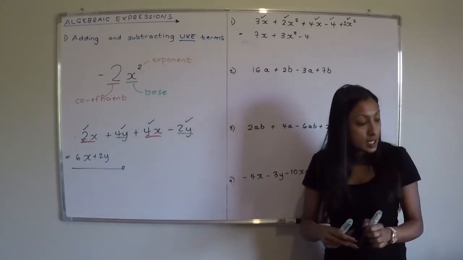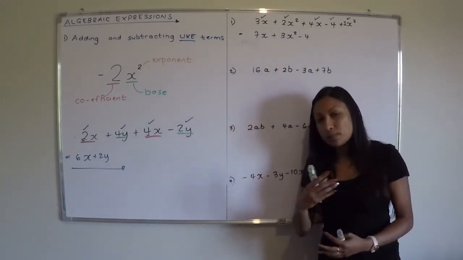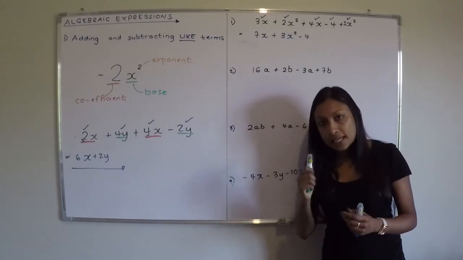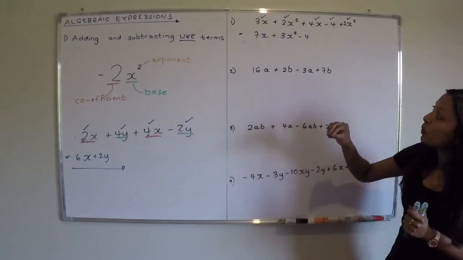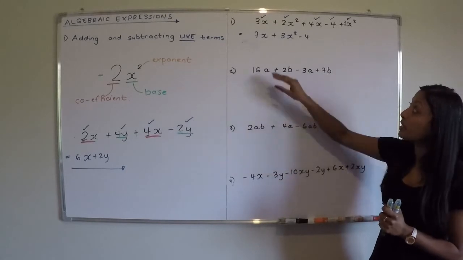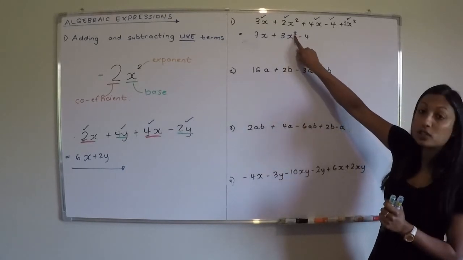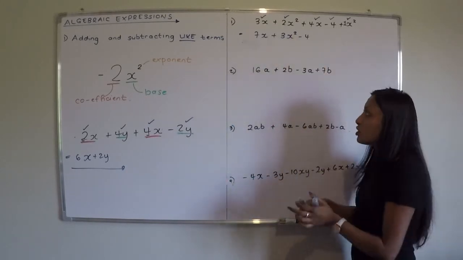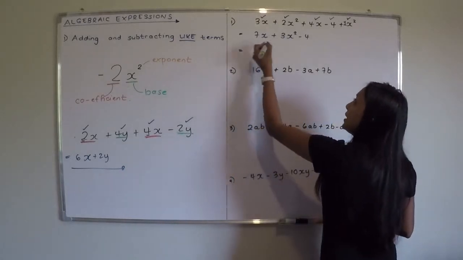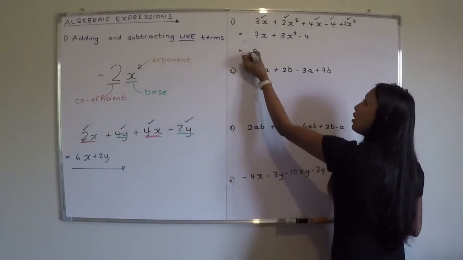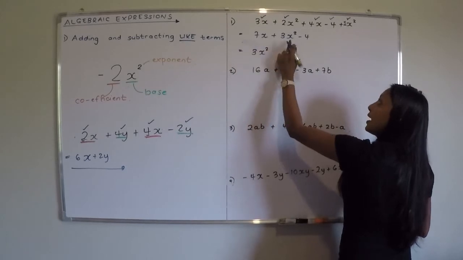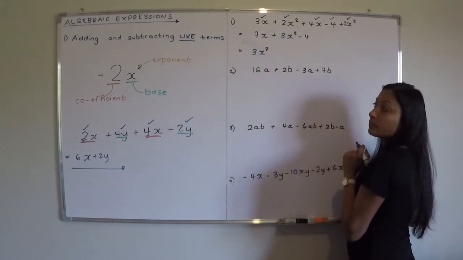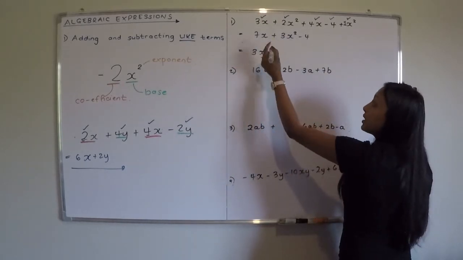If you look at your maths textbooks, you will see that they always organize these algebraic expressions in decreasing powers of x. So how I should actually write this down is I should put my highest power of x first. I put my x squared first. Then there's my x to the 1.